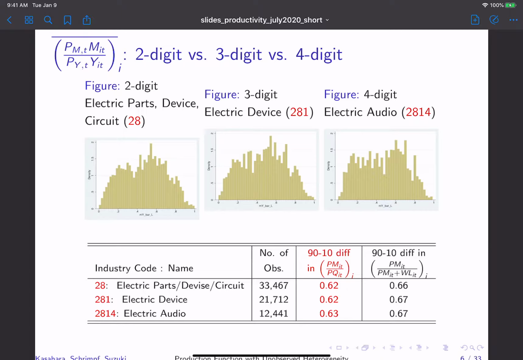Yeah, across farm, not after wiping out the idiosyncratic shock. Yeah, even more variation if you're gonna.